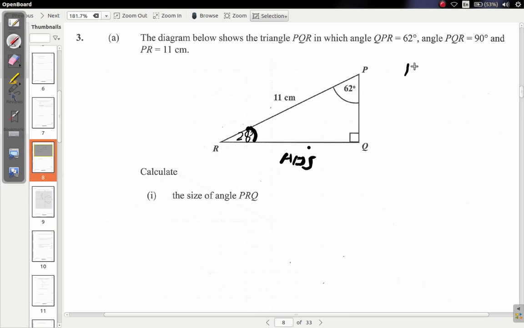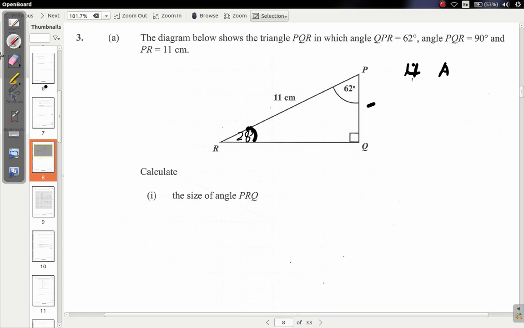Cosine is adjacent over hypotenuse. Oh, no, if you use the 28 degrees, this would be the adjacent, right? But let's use the 62 degrees.